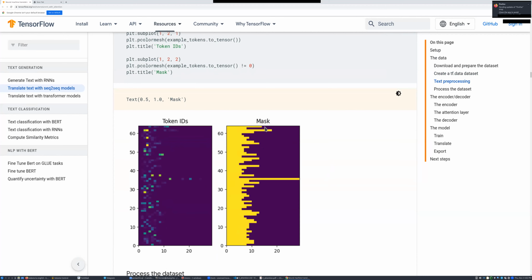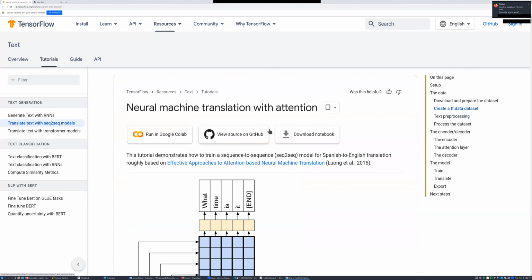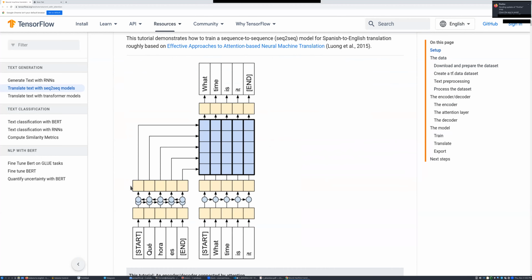Which means that if you want to compute the self-attention, let's say here we only have 5 tokens, including the special tokens, the start and end of a sentence, we will only compute the self-attention among the first 5 tokens. The rest of them, we do not count. We will mask them out. The attention mask is very simple.